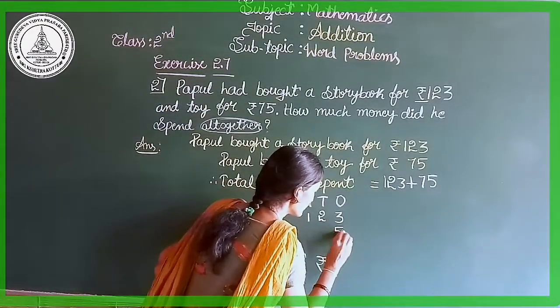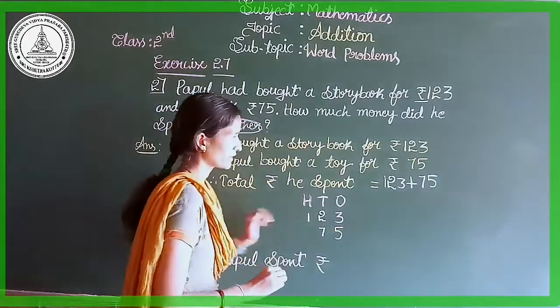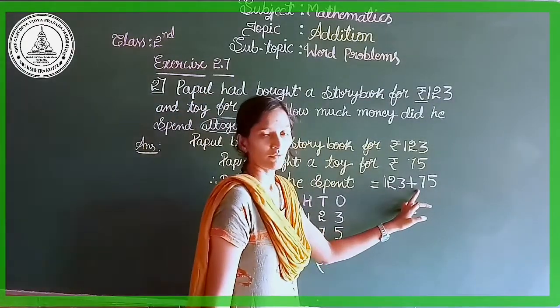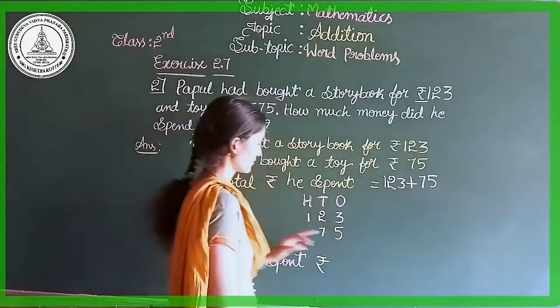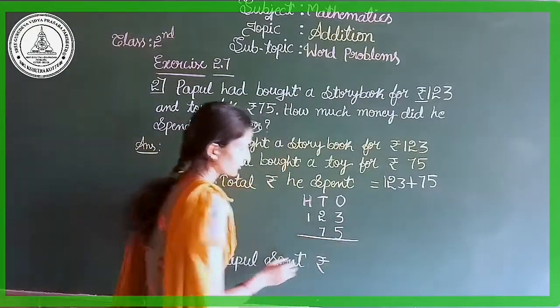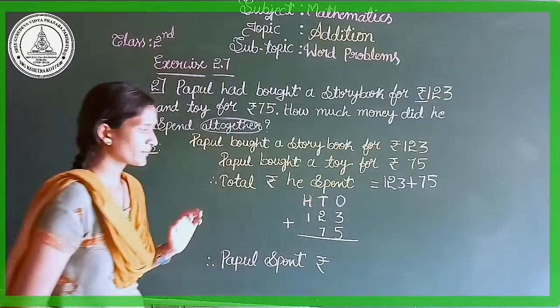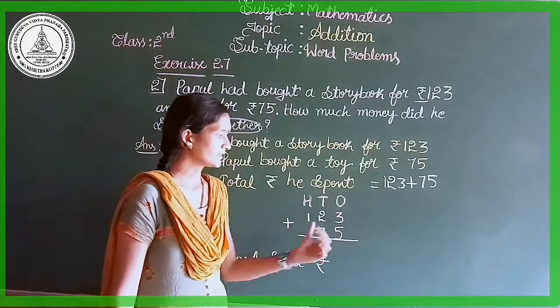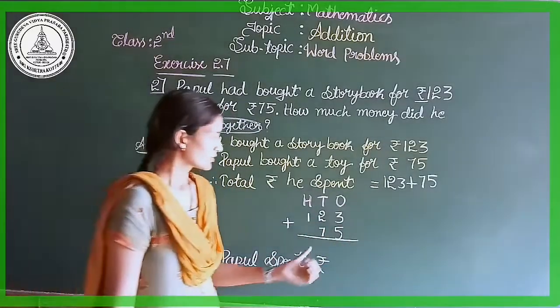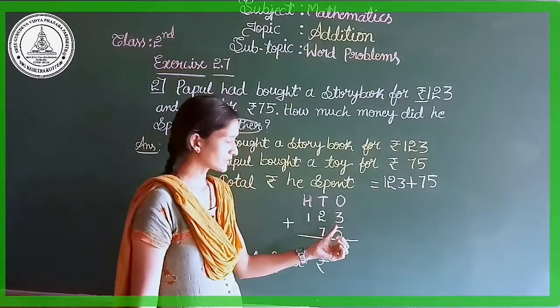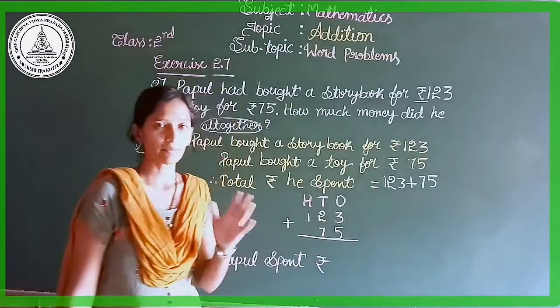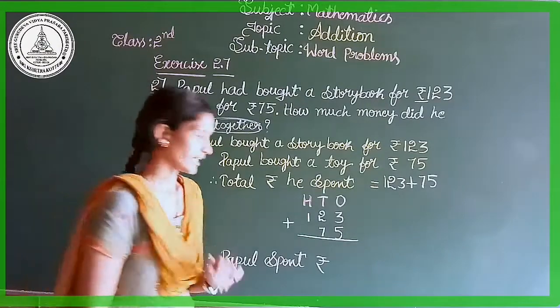Write down 75. So here the hundreds value is absent. Altogether means you have to do addition here. First add the numbers in the ones column. The given numbers are 3 and 5. 3 plus 5 is 8.